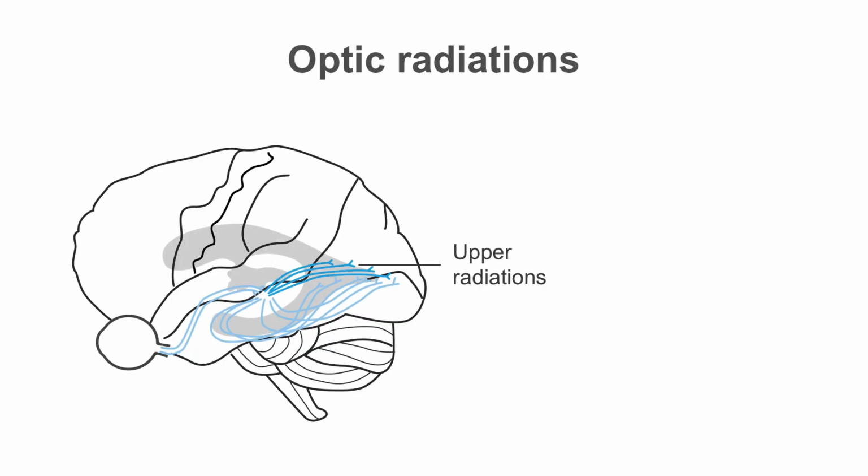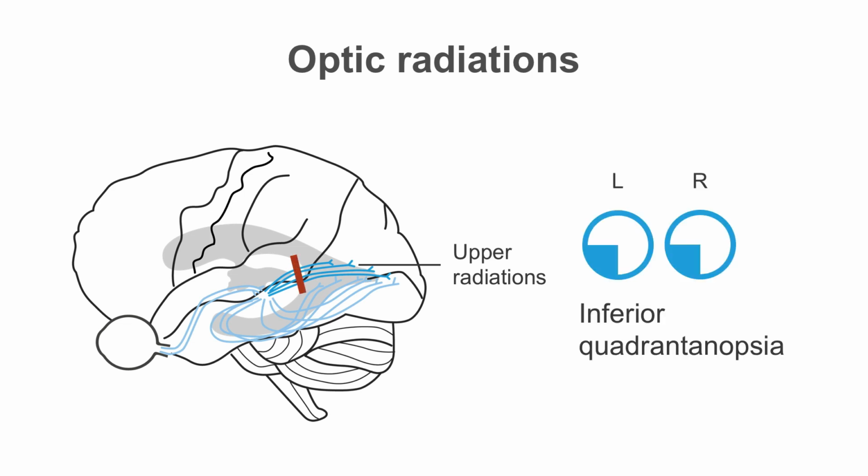here. Optic radiations pass through the parietal lobe, carrying information from the inferior visual fields. Dorsal optic radiations contain fibers from the superior retina and, when damaged, cause an inferior quadrant field loss or inferior quadrant anopsia.